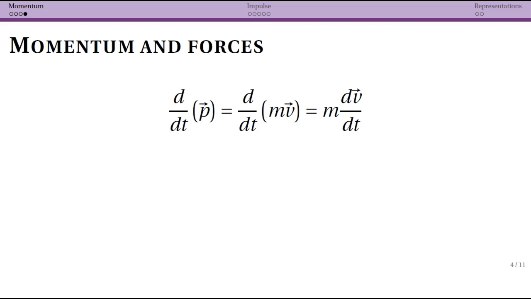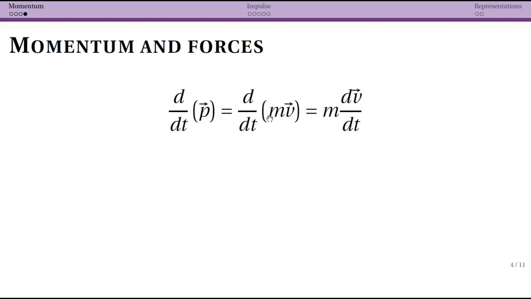Lastly, we can relate momentum to forces, and what we have to do is work through a little bit of calculus here, and the book goes through some additional derivation of how to get impulse and how we relate change in momentum to forces, but I'm just going to start with a little bit of it since we can probably think through this fairly quickly. We can take the time derivative of momentum, and before we do that, we would want to expand it as mass times velocity, and we want to keep that vector part here.